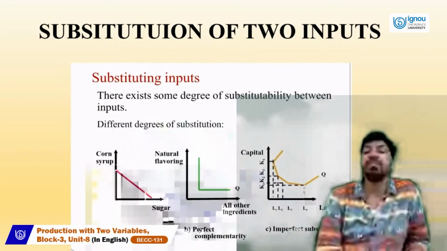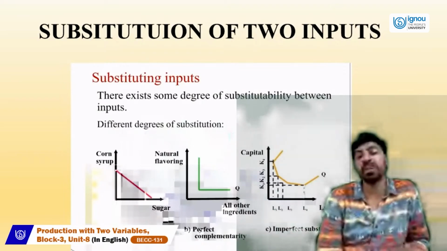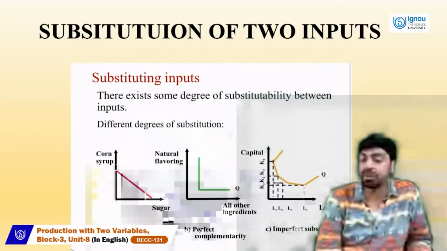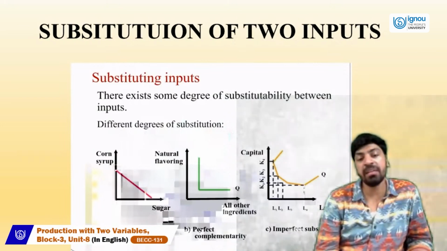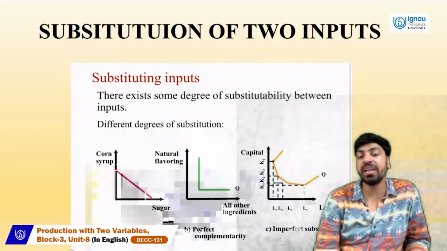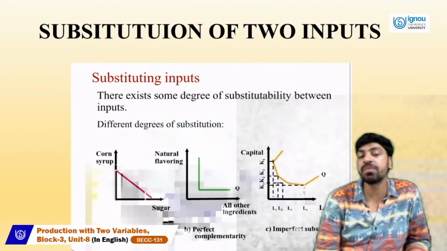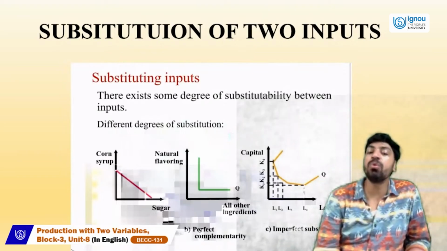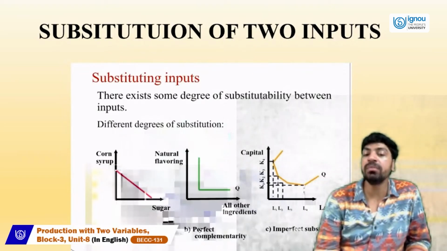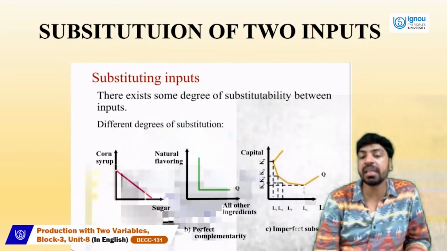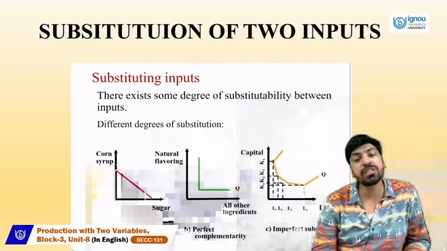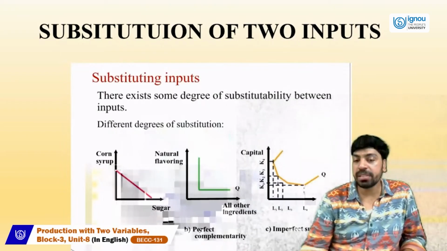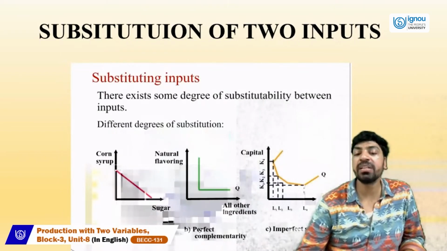But the perfect complementary shows an L shape, where, if the natural flavoring in ice cream goes down, then automatically the quantity of all other ingredients of that product goes down too. That's called the perfect complementary.